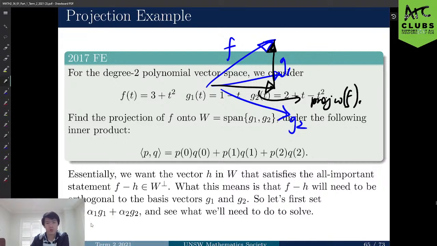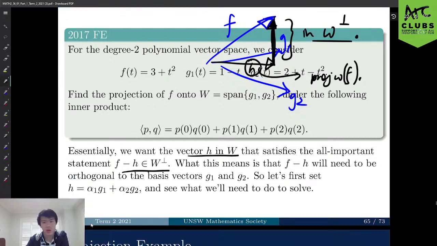Right, so in other words, if h is our projection, then it means that f minus h is going to be in the complement, which means it's going to be orthogonal to both g1 and g2.